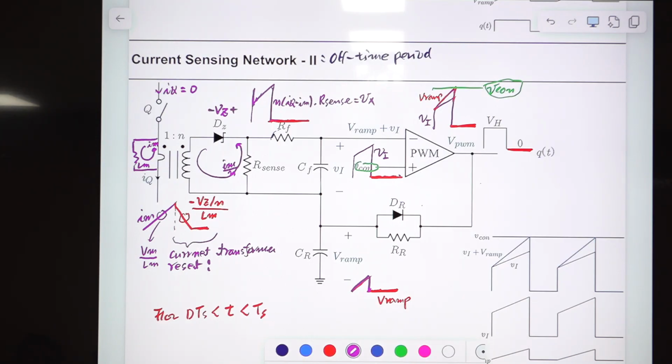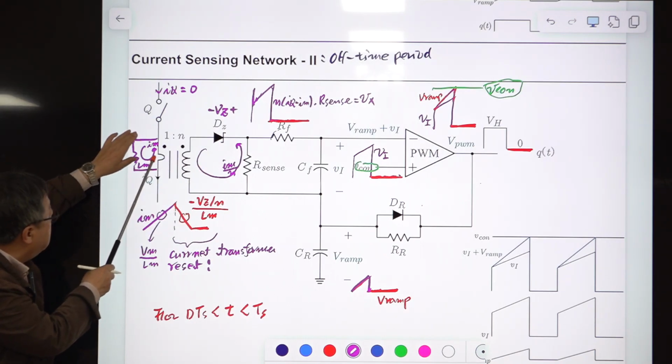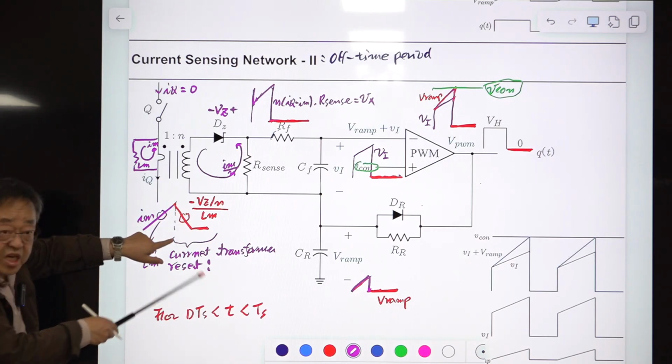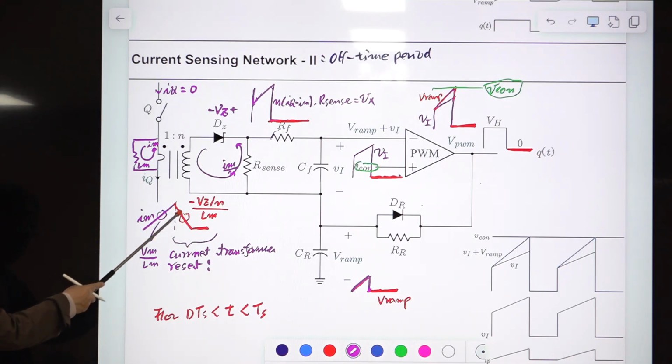Then Vg is reflected by this, so 1 over n times Vg is appearing here. Then the current is decreasing, because with the negative voltage, the current decreases. So this magnetizing current increases during DTS and decreases during (1 minus D)TS. This is the on-time period, and this is the off-time period.